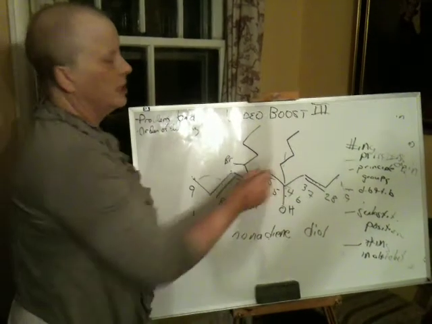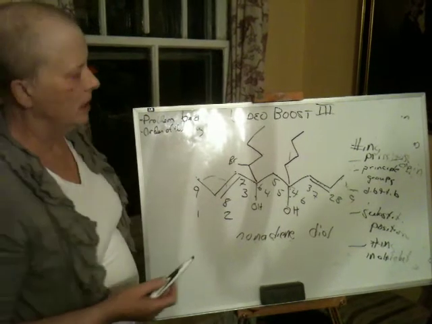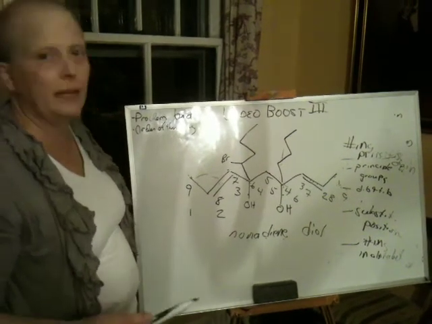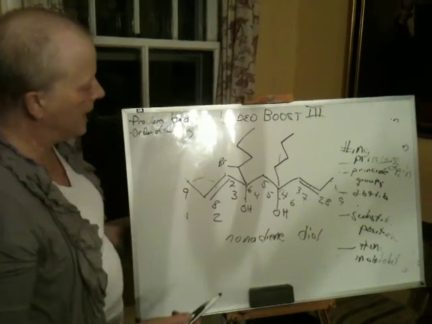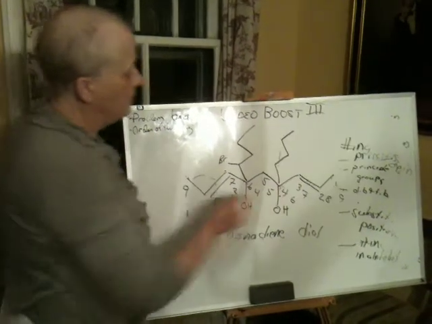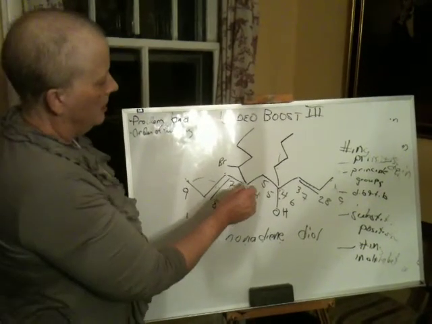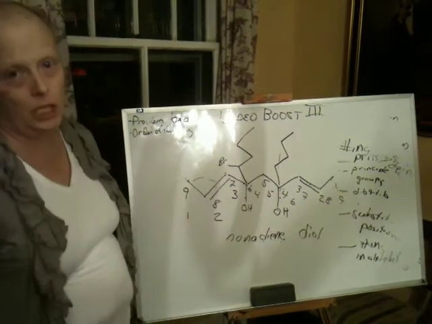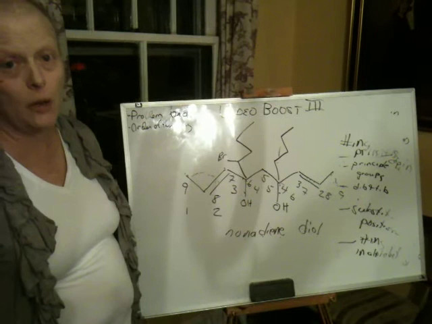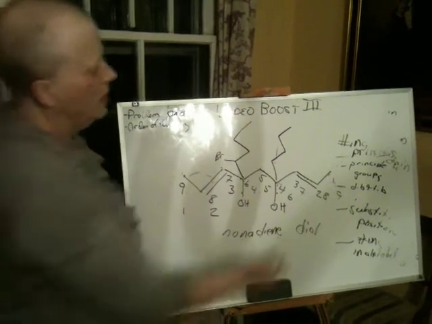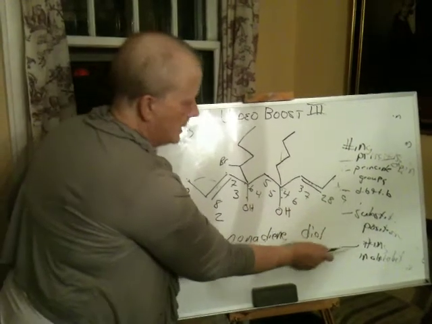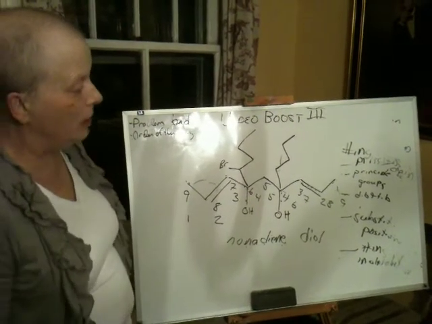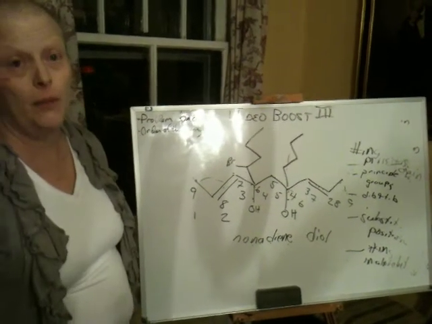These two substituents are considered to be equal in terms of their priority. Okay, but you want to get the lowest numbers for them. But you discover again in this very ambiguous example that the substituents are at the 4 and 6 positions also, and it doesn't matter which direction I go in. So then what are you forced to do? You're forced to go to the last bastion of decision making, which is naming them alphabetically.